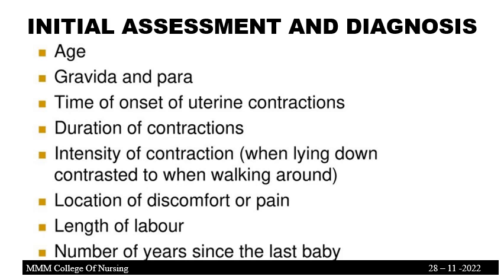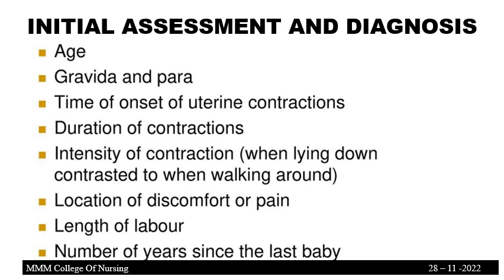Usually, because the pain starts from the fundus, the mother will have pain on the upper abdomen. It is not over the bladder or something. And the length of the labor: from the time of onset of contraction till now, what is the time? You have to note down the time so that you can diagnose early whether there is any prolonged labor.